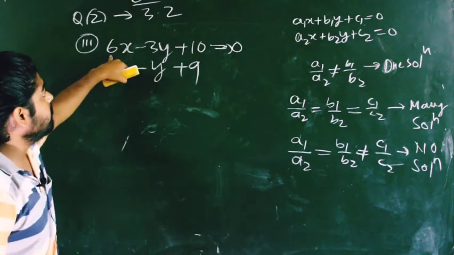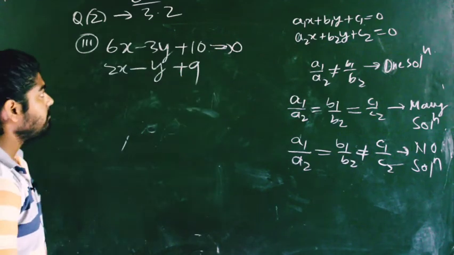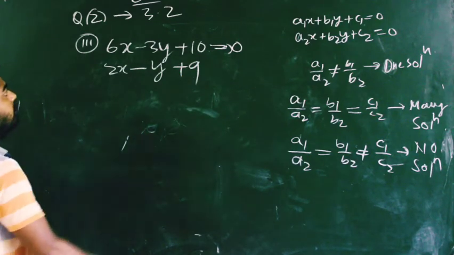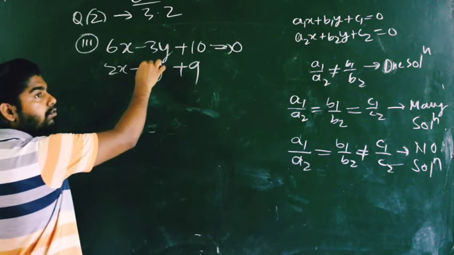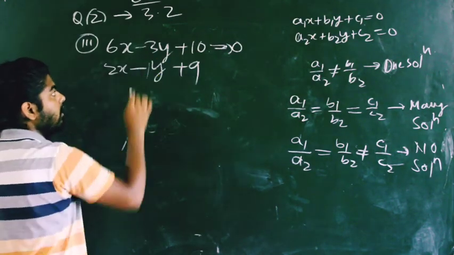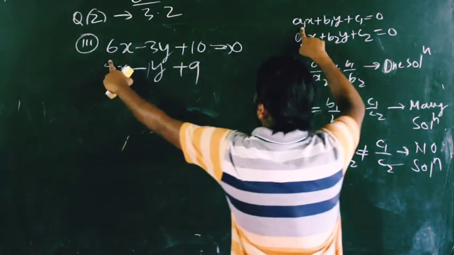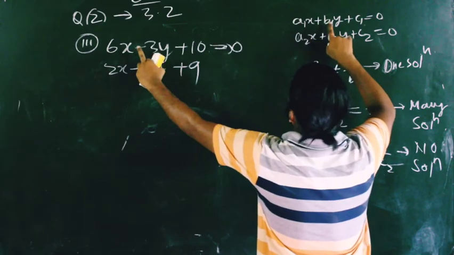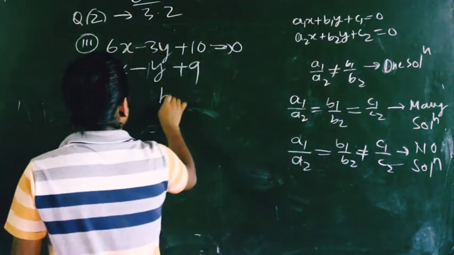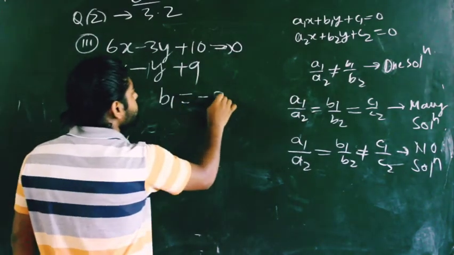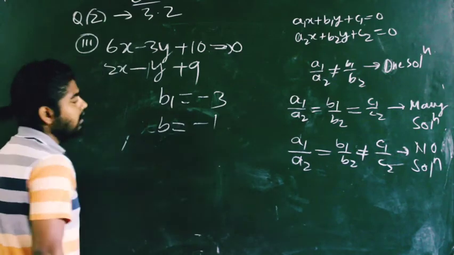So this is a1, a2, b1, b2, c1, c2. Now see, here we have to look for this y. In front of y nothing is there, so you have to take 1. And if you compare it to standard value, we have a1x plus b1y, but here minus, so you have to take b1 equal to minus 3, again b2 equal to minus 1, rest is okay.